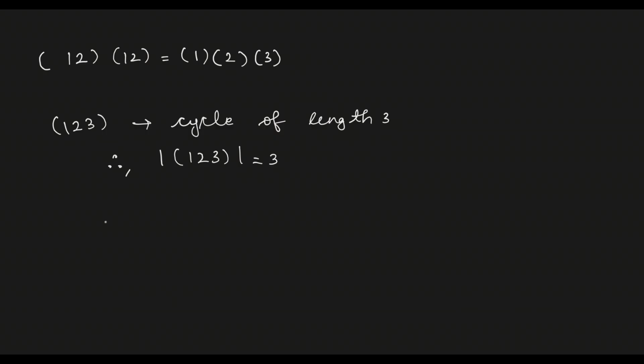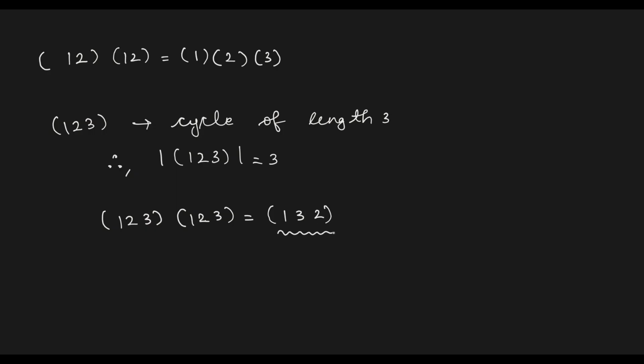How have we calculated this? (1 2 3) into (1 2 3). 1 goes to 2, 2 goes to 3, 3 goes to 1, 1 goes to 2.